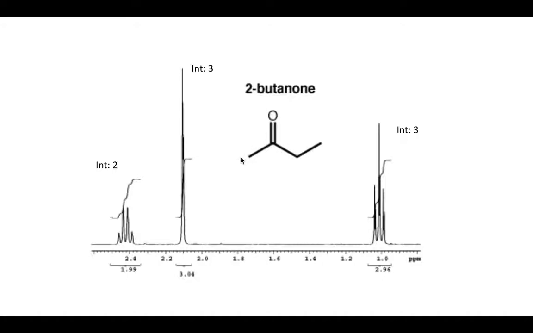When we have no neighbors, we're going to be a singlet. Okay, so we're going to see a singlet here with integration of 3. That's these guys. We see a quartet with integration of 2. A quartet because it's got 3 neighbors. And finally, here we see a triplet. Why? Because it's got 2 neighbors right here, and it's a triplet with integration of 3.